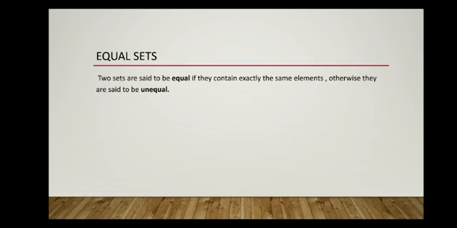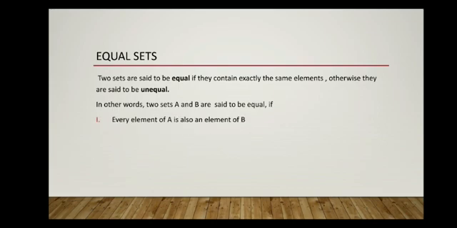Otherwise, they are unequal. This can also be expressed as: two sets A and B are said to be equal if every element of A is also an element of B and every element of B is also an element of A.